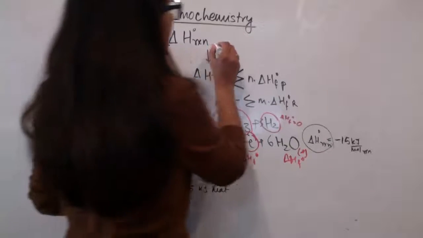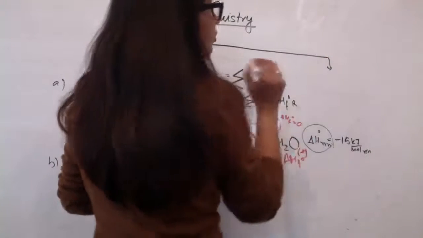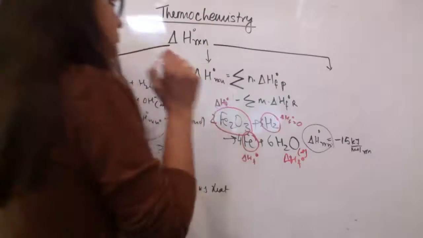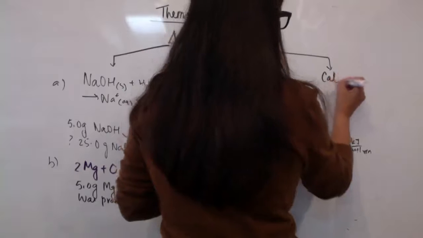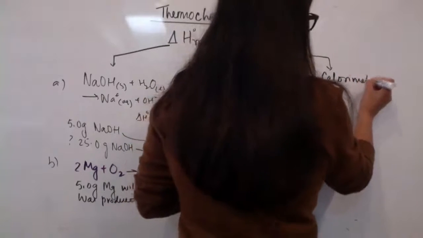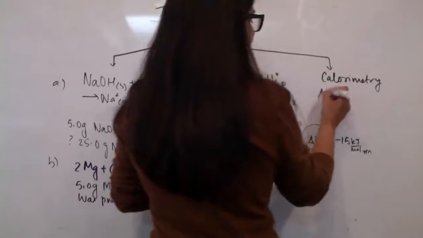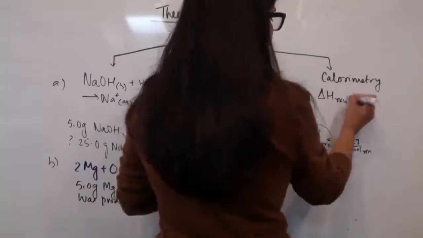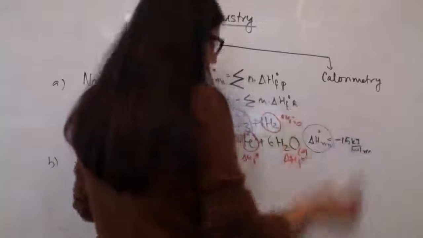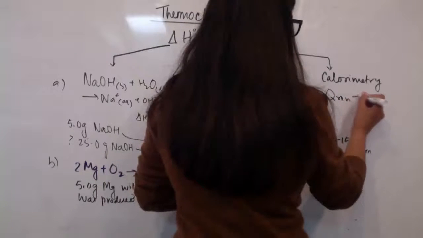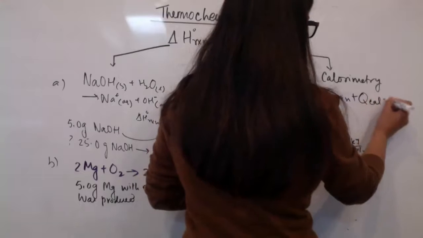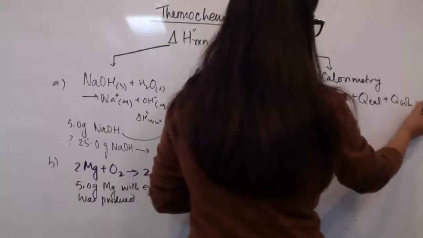The third type of problems here were the calorimetry problem where we used delta H reaction. Oh, sorry, we did Q reaction and then converted to delta H in your lab, hand warmer lab. Q reaction plus Q calorimeter plus Q solution is 0.